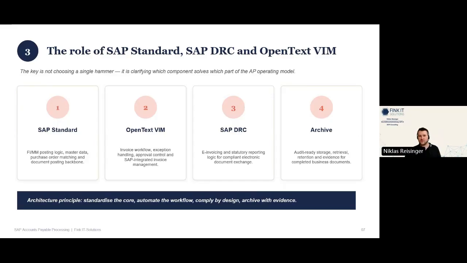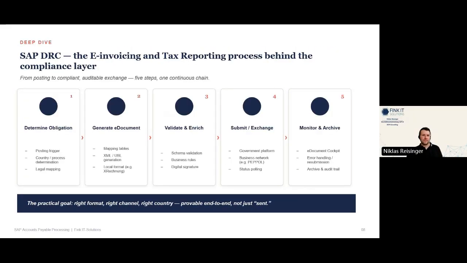And this also is an older topic, but it still has to be considered. So architecture principle: standardize the core, automate the workflow, comply by design, and archive with evidence. So you need to consider all of these aspects to get your process compliant, efficient, and ready for the future e-invoicing mandates.